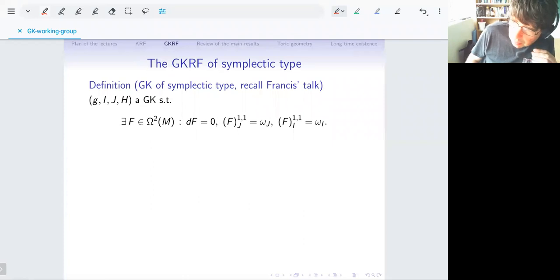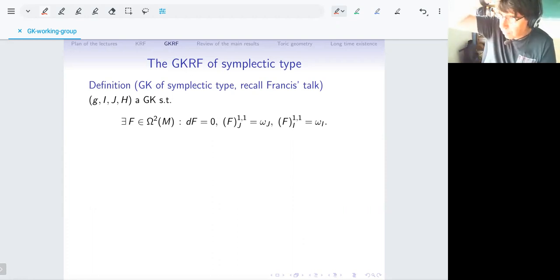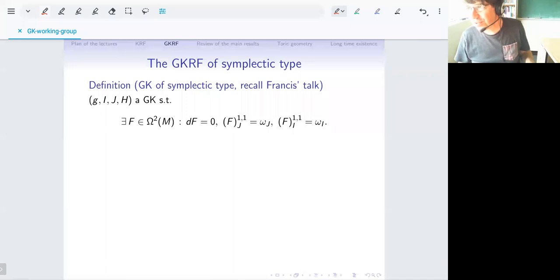The other thing is that we will actually be interested in generalized Kähler structures of symplectic type. Just to recall from Francis and Marco's talks, we saw I think three different definitions of generalized Kähler structure of symplectic type. I will probably give you another one. I'm afraid that this story will go on.